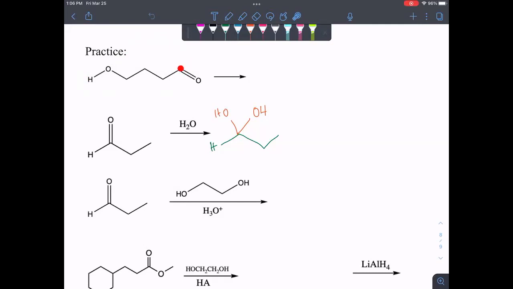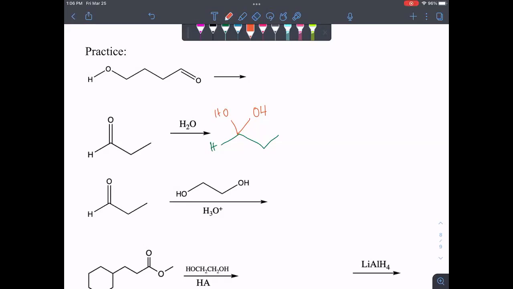And then you form either a hemiacetal or an acetal. Since this is the only thing we're given and there's no extra alcohol in the reagent line, I think this is going to be a hemiacetal formation.